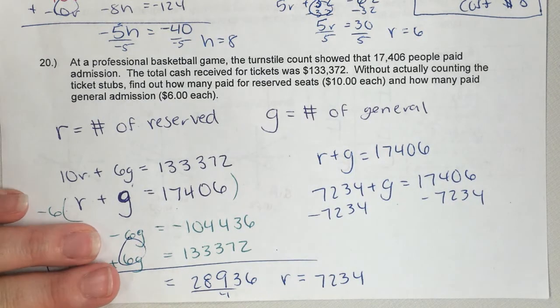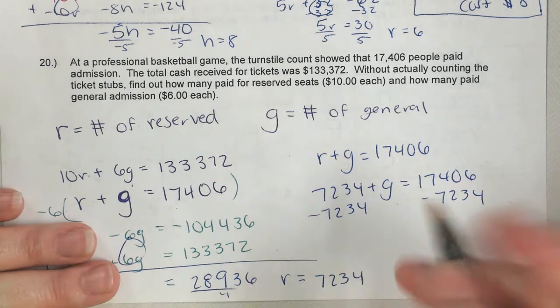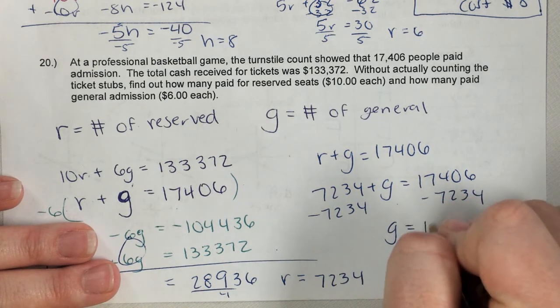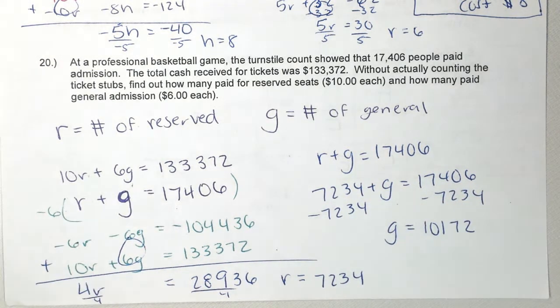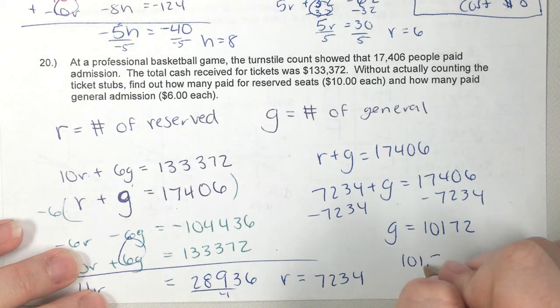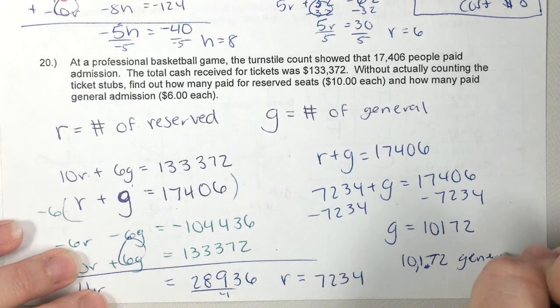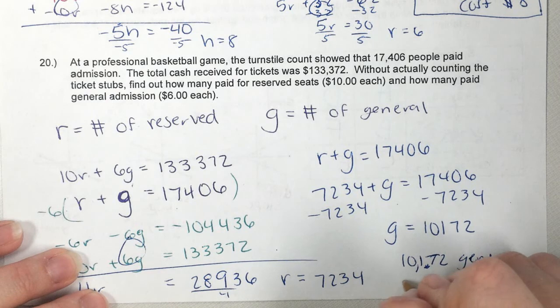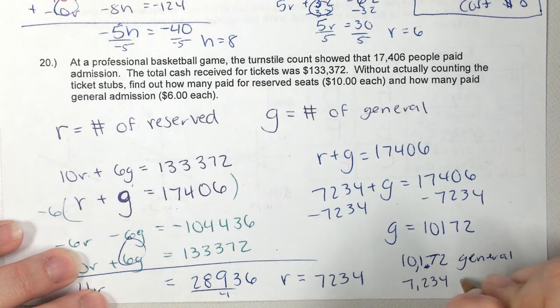So I get 17406 minus 7,234. So I have 10,172. Why am I putting the comma in the wrong spot? 10,172 general admission and 7,234 reserved.